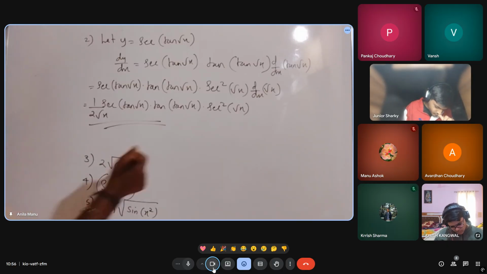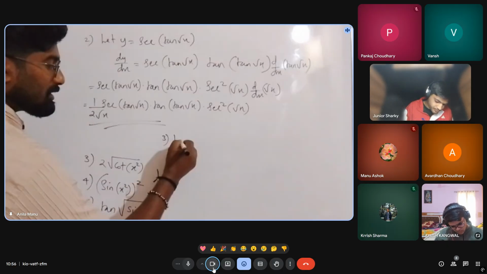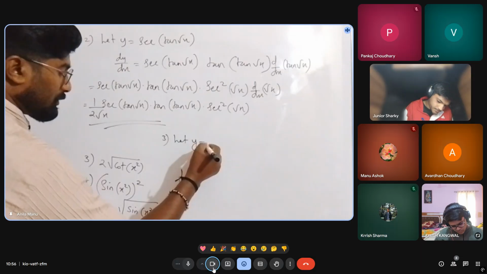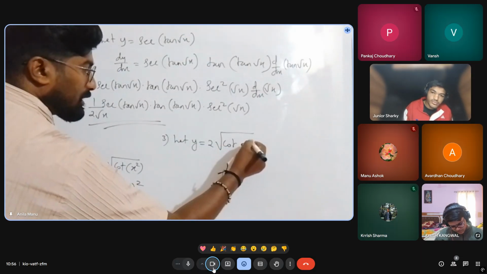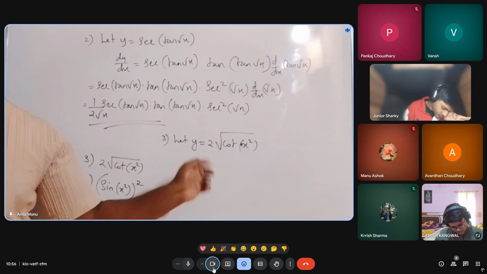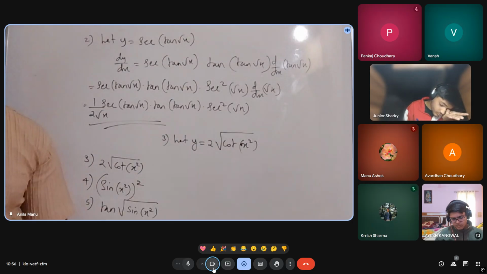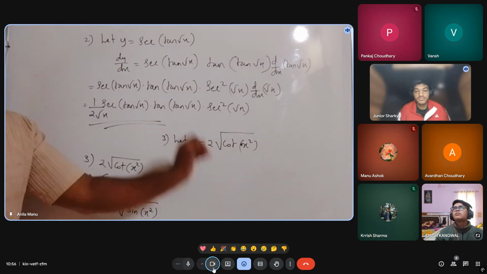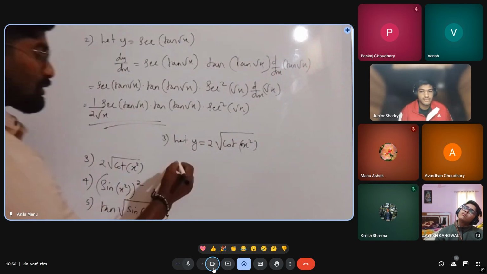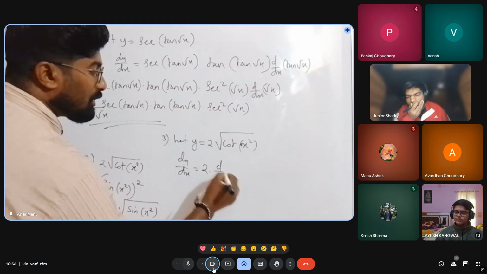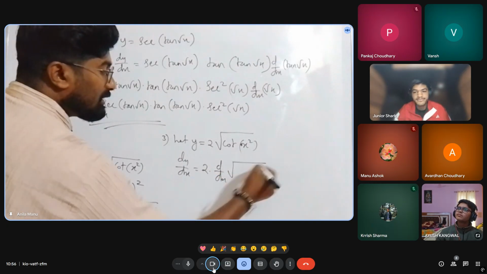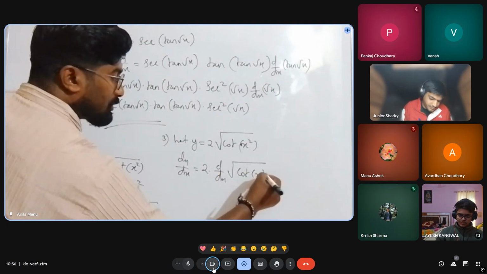Check it. First, you consider the given function as y. Let y is equal to 2 root cot x square. Now consider 2 is a constant here, so constant you can take outside. So dy by dx is equal to, constant I am taking outside, then differentiating the remaining function cot x square.